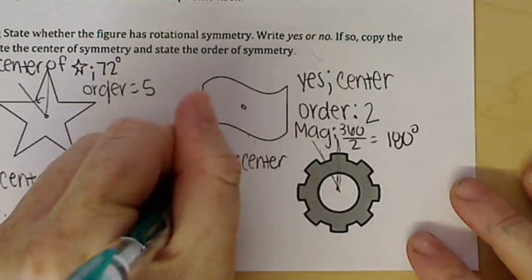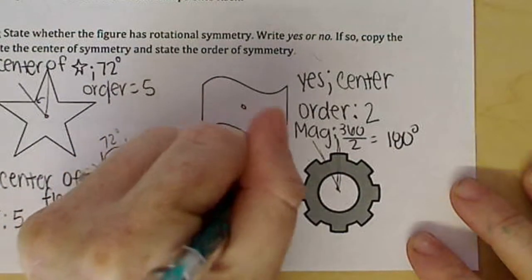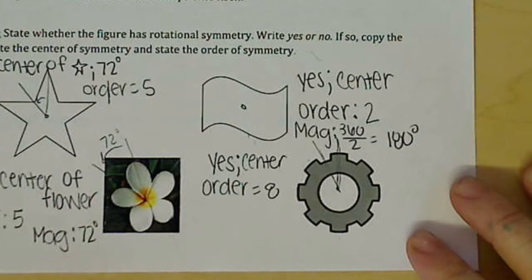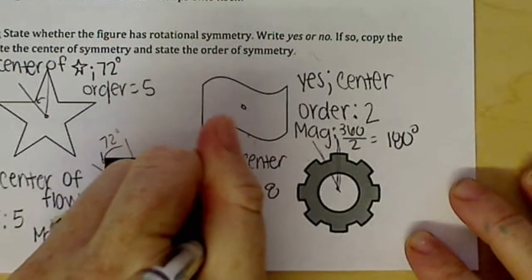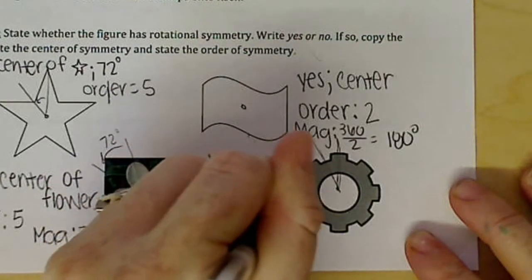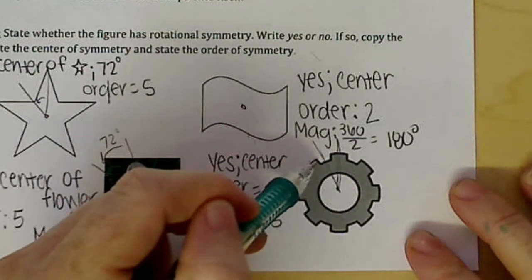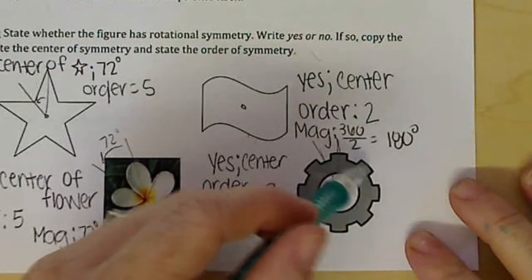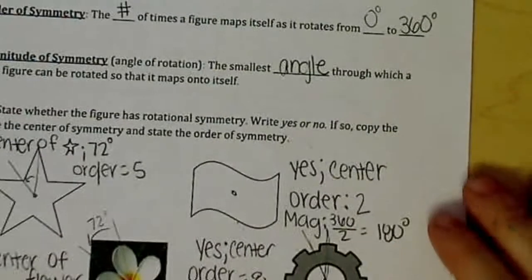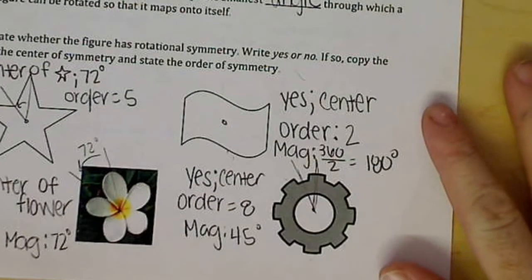So the order is 8. What's the magnitude? Yep. It's 45 degrees.